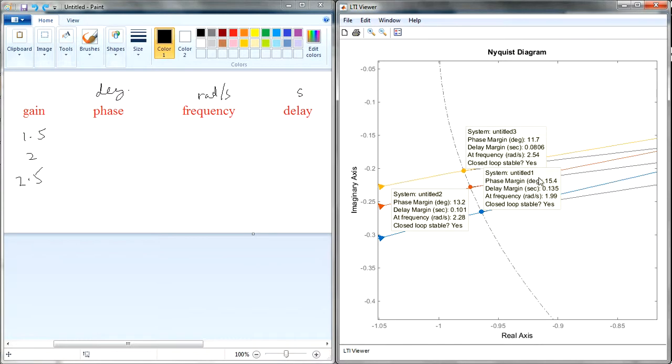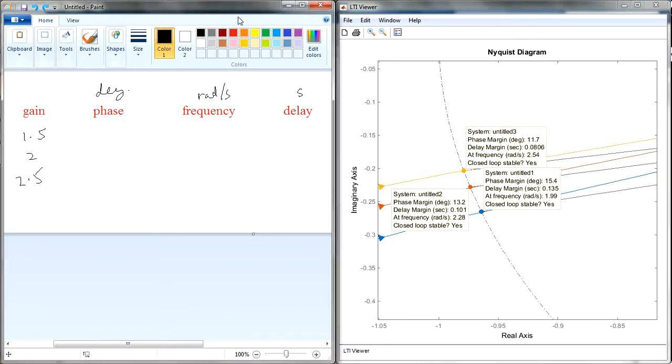So K equals 1.5, K equals 2, K equals 2.5 in this case. As you can see, the delay is 0.135, and as your K increases, your delay actually decreases, and then it decreases more.